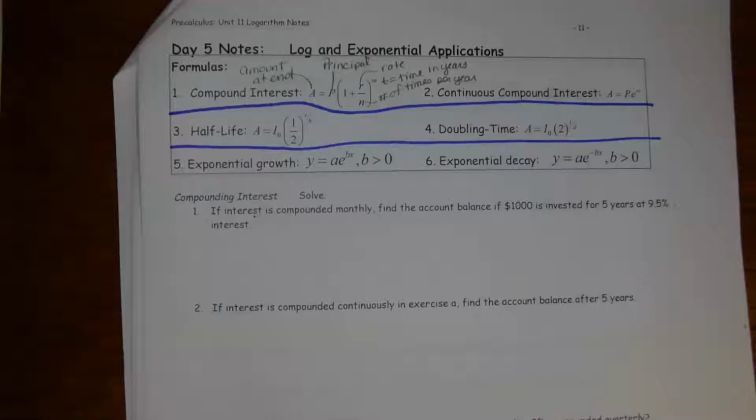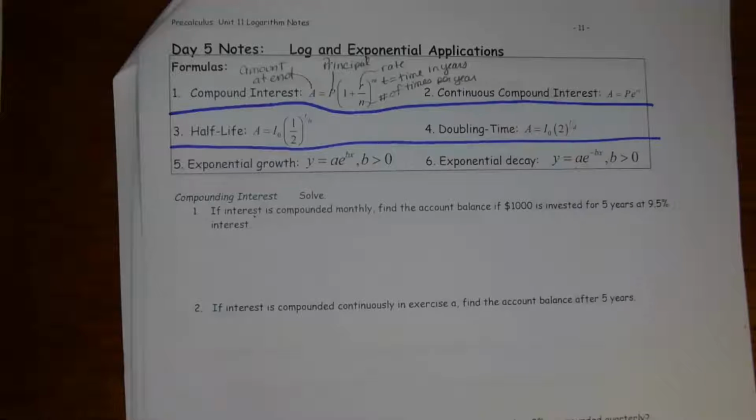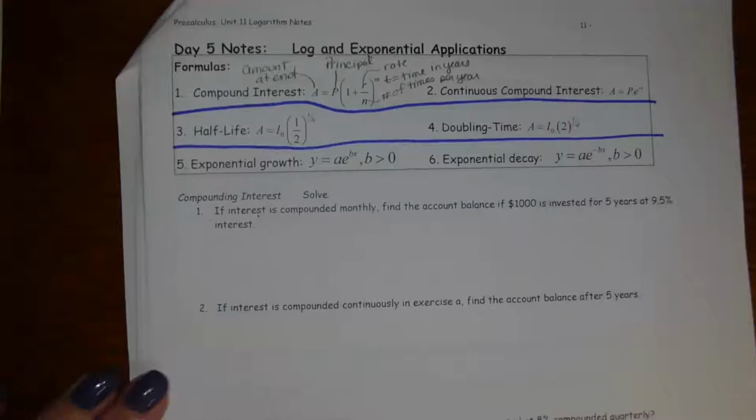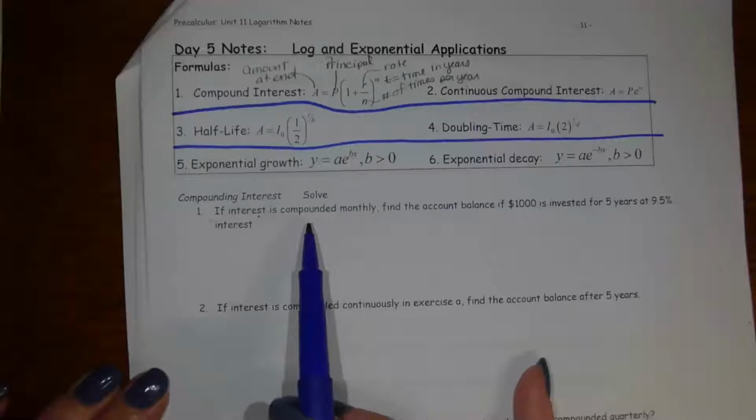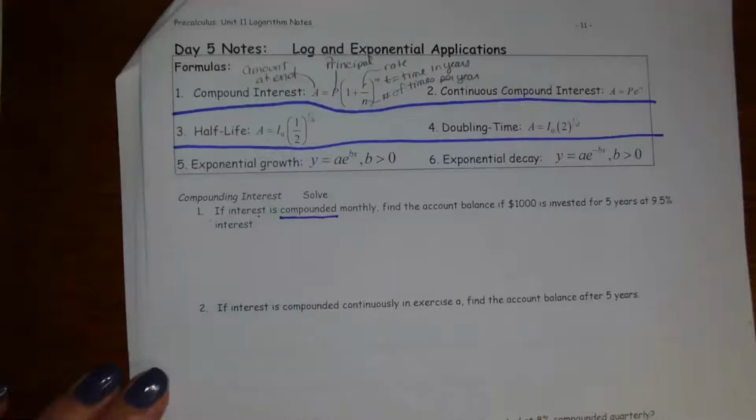Is the percentage that high right now if you put money in the bank? No, it's so low. If you had $20,000 in the bank, you might get 70 cents a month. It's very low. But we're going to play with higher numbers so we can see a difference and see what our math does. Okay, so compound interest, the word compounded tells us that.